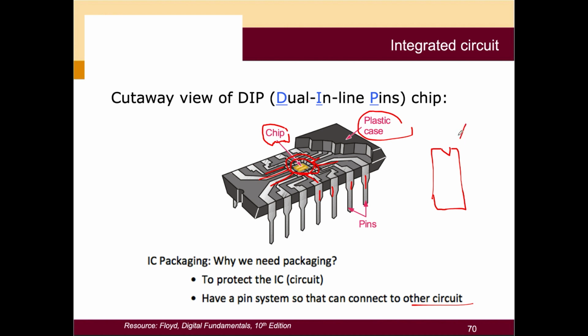Let's say you want to create your own chips, so you will have the plastic case. Maybe you can directly notify your buyer that this is the first pin. It depends on your creativity, but these two are why we need packaging. First is protecting the IC or the chip circuit.